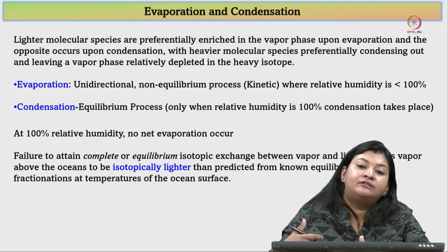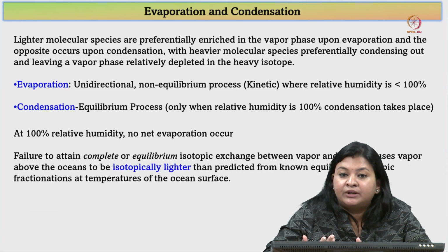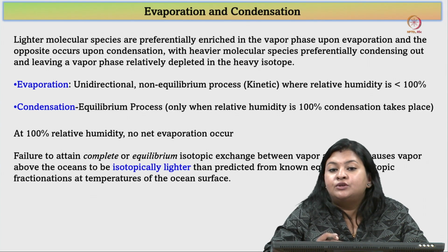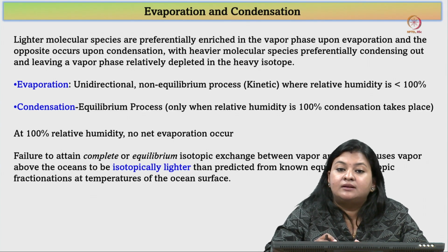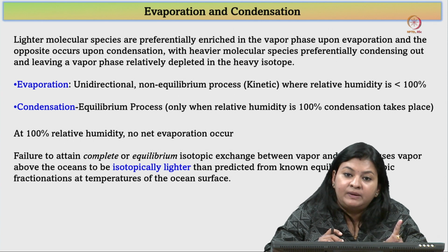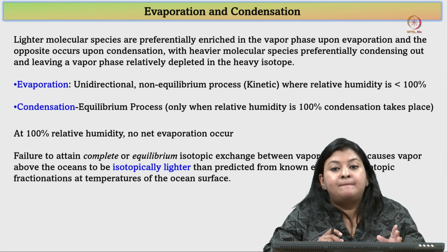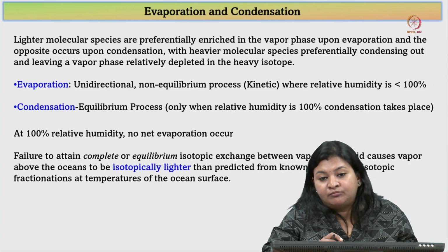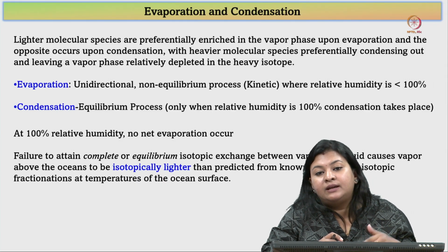And there will be other factors such as re-evaporation that can cause changes. So we have to be cognizant that the rainfall when forming is at equilibrium, but during its movement across the atmosphere it might get a lot altered.